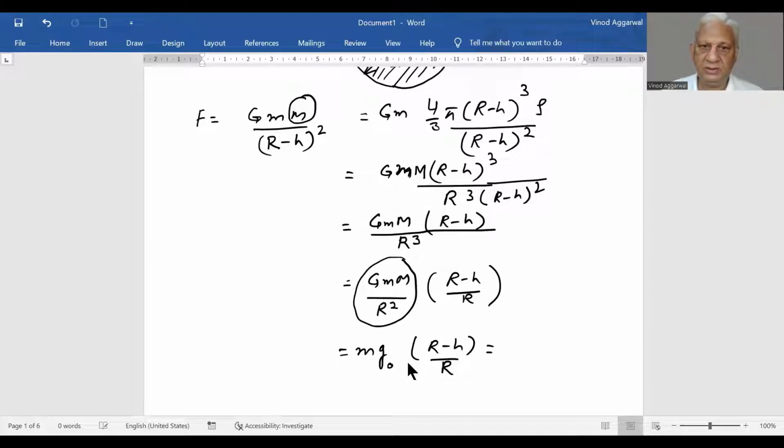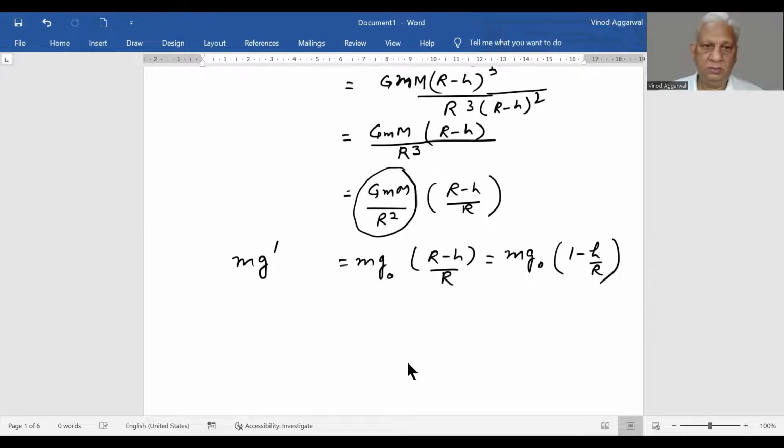This we can also write as mg naught times (1 minus h by R). This force was our mg. So our new g inside mines would be g naught times (1 minus h by R).